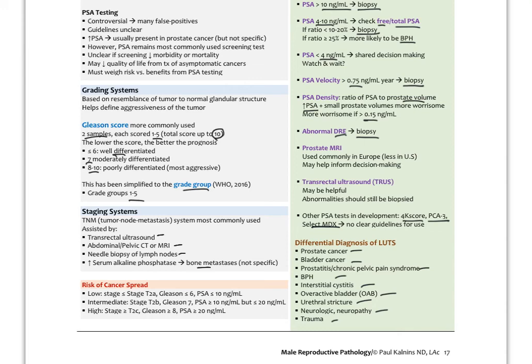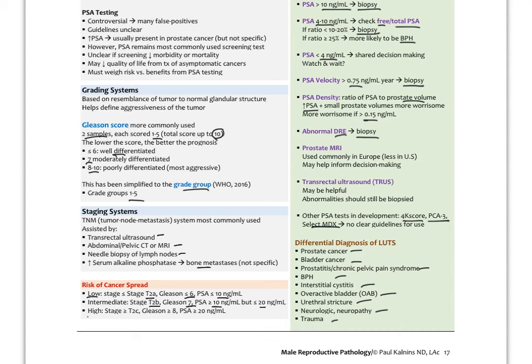Now, the risk of cancer spread is very low with a stage less than or equal to T2A, a Gleason score less than or equal to 6, and a PSA under 10. There's intermediate risk of spread if the stage is T2B, Gleason of 7, and PSA is over 10 but less than 20.